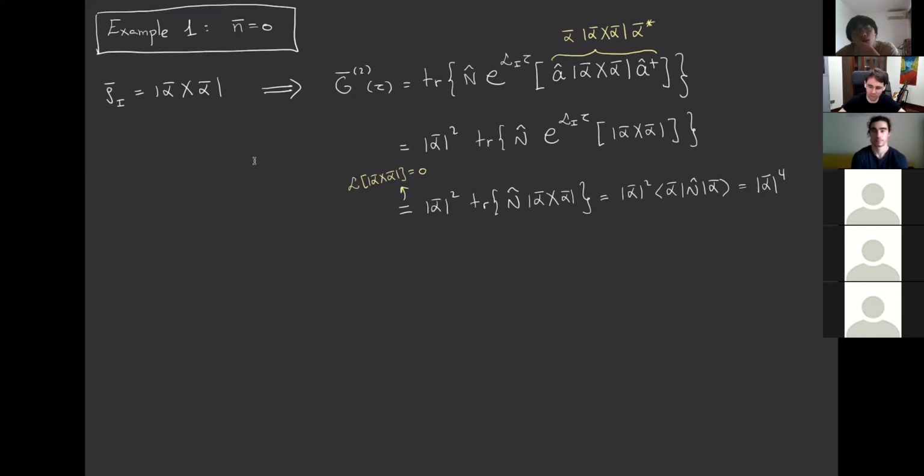But what's important about this expression is that you see that it's independent of time. So it's alpha to the 4 for all tau, okay? This means that in the interpretation that the correlation function gives you the probability of having two consecutive clicks separated by a distance tau, the clicks are statistically independent.